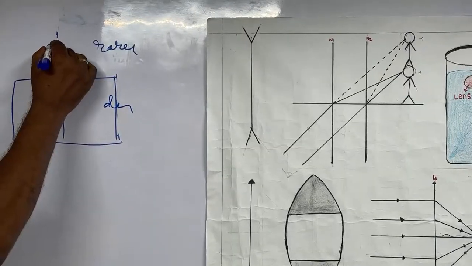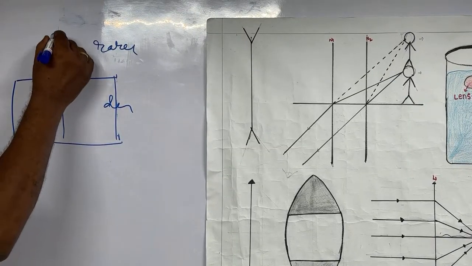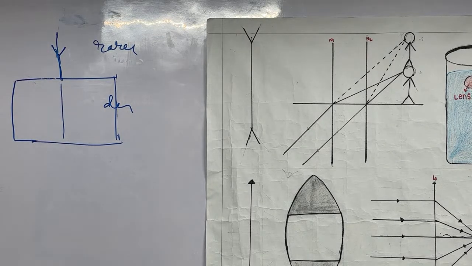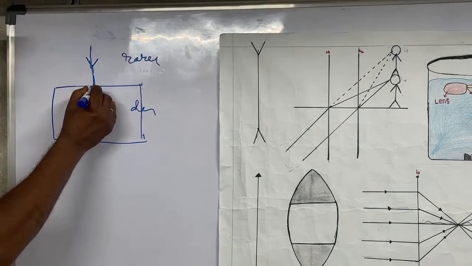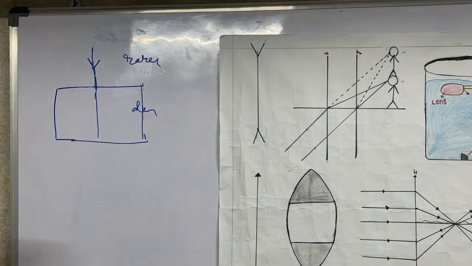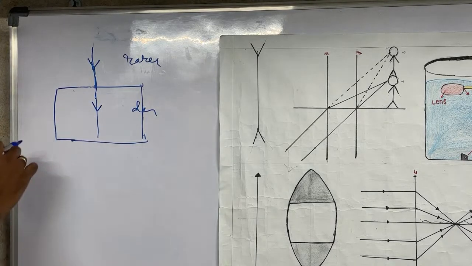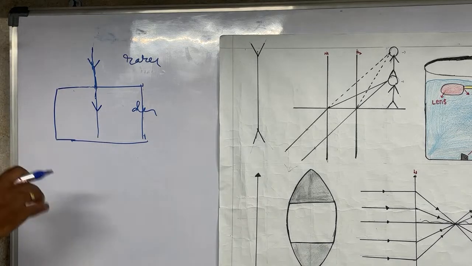Now the light ray is passing through the normal. Whenever the light ray passes through the normal, even though the light ray enters the glass, it never bends. Without bending, the light will enter the glass, undeviated.